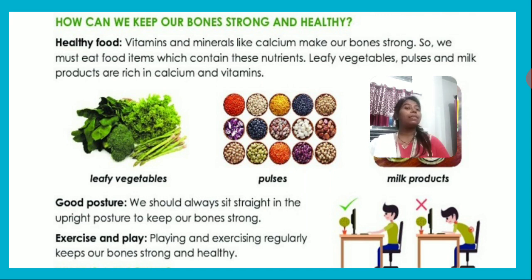You can see in the picture, the first picture is the boy sitting straight, but in the second picture the boy is always sitting bending. If you are always bending and sitting, bending and walking, you are not getting the proper posture. Your bone, instead of getting straight, will be bending in this condition. So it is not good for your bones and cannot keep them healthy. For that reason, you should maintain a proper, good posture.